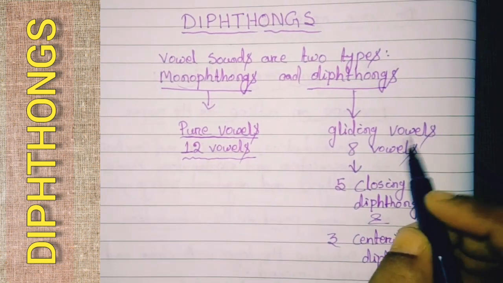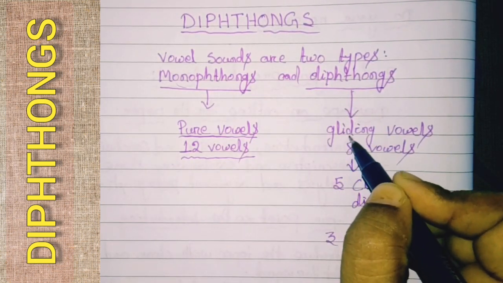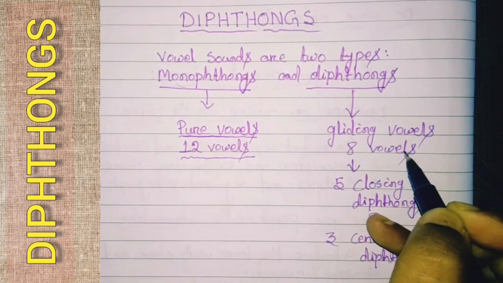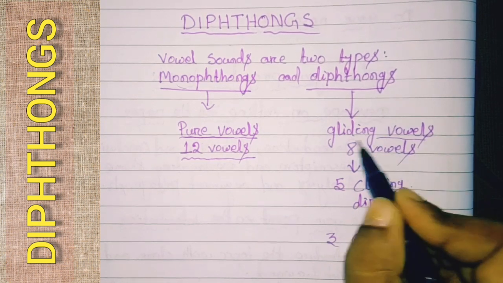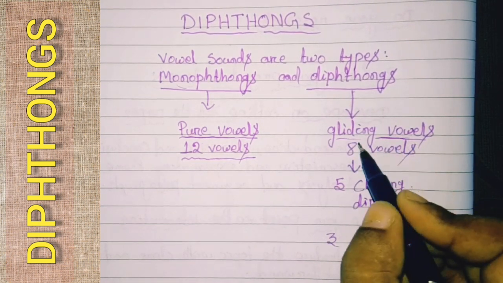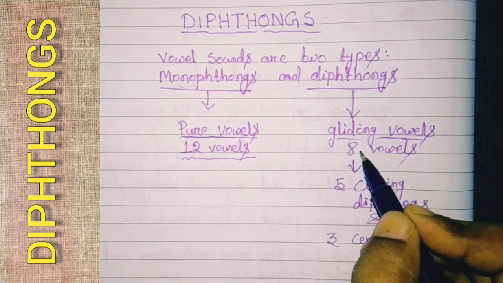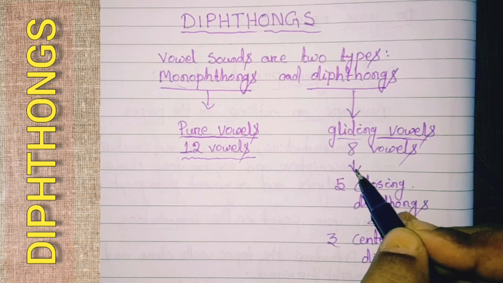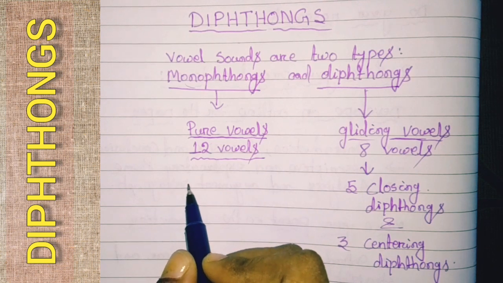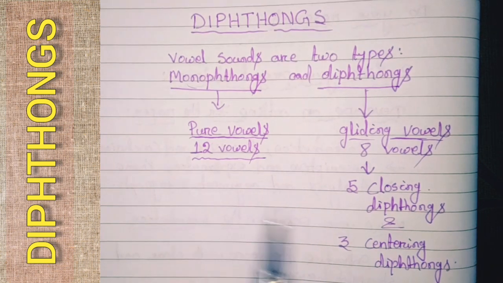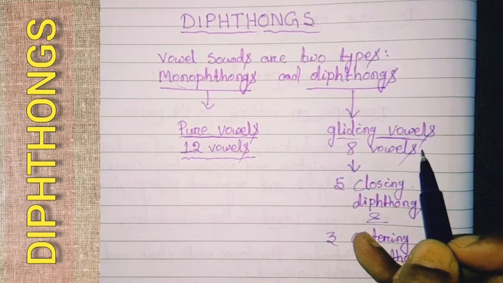So today I will teach you about diphthongs, and in English there are 8 diphthongs. Diphthongs are also called gliding vowels. So why are diphthongs also called gliding vowels? Because a vowel sound that continually changes its quality is called a diphthong, and it glides from one vowel sound to another.